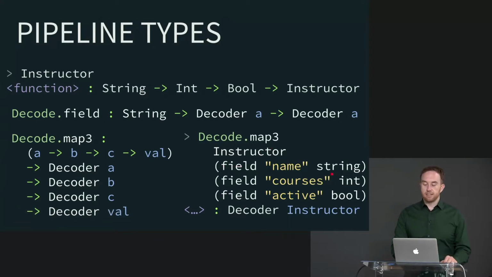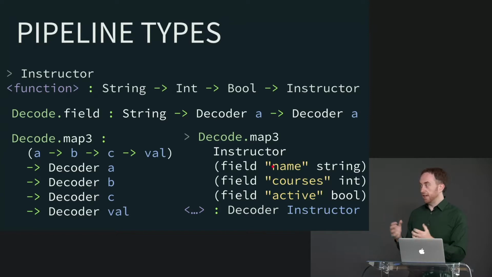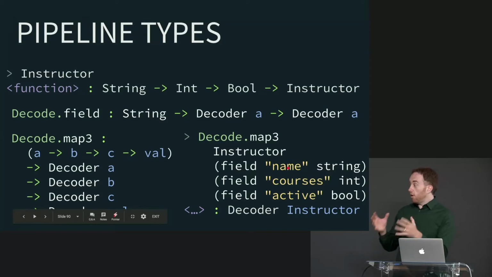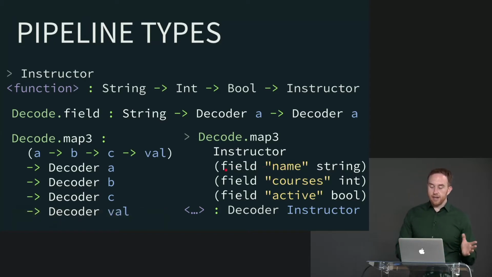It's going to run this one and say, okay, did that succeed? And it says, all right, the first decoder, if it's a field name, and there is in fact a field on that JSON object called name, which happens to be a string, then it says, great, that decoder succeeded. Next one, run it again, that one succeeded, run the third one, that succeeded. Now, if all 3 of them succeeded, then it's going to say, great, I now have 3 values that I can pass to this function right here.